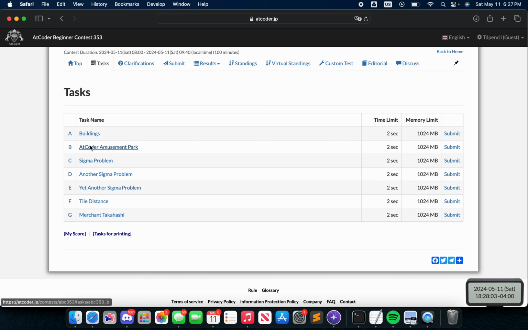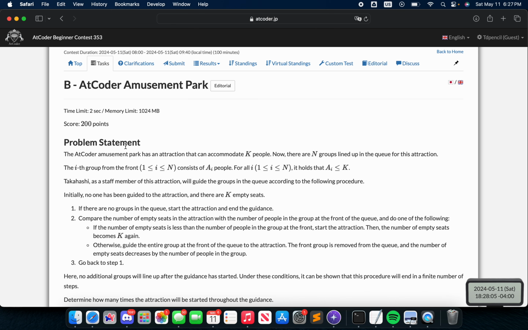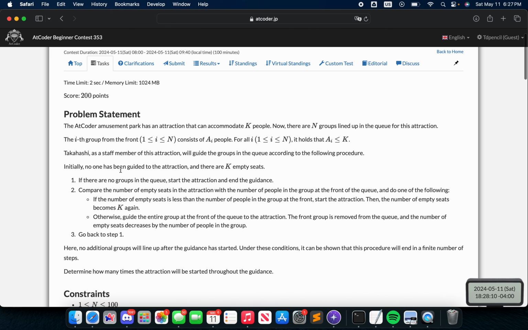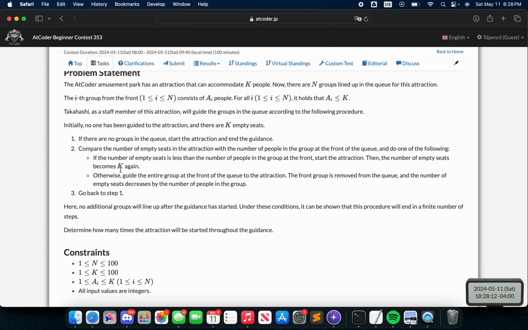So, the second problem, I think it's actually a well-known problem, but the problem statement is really confusing. They could have made it like 3 sentences, for real, but whatever. Anyway, so you have an amusement park, and for every ride there's a limited amount of people that can go on it, so like k people.